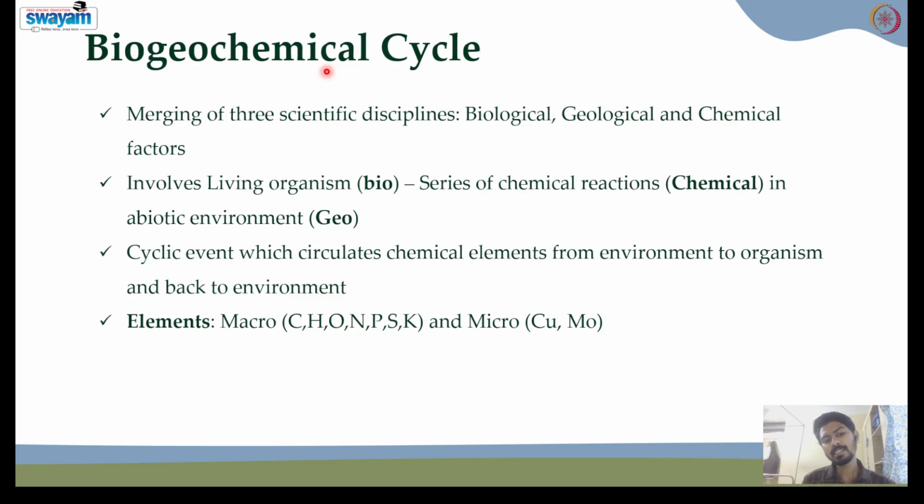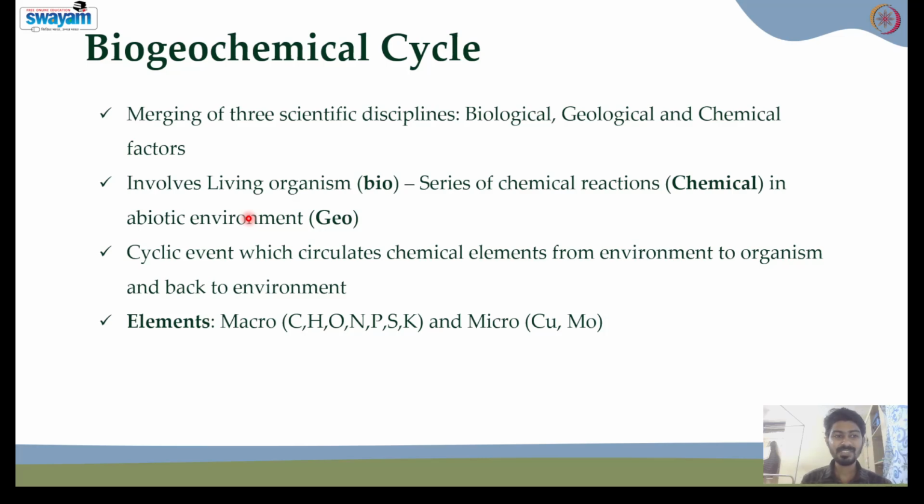So what does it mean? It involves living microorganisms, any living microorganism, either bacteria, fungi, or algae. So it undergoes a series of chemical reactions that occur inside the living organism with the help of the abiotic environment. So this is why it is called the biogeochemical cycle.